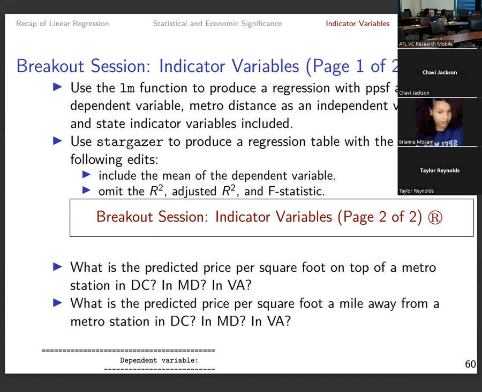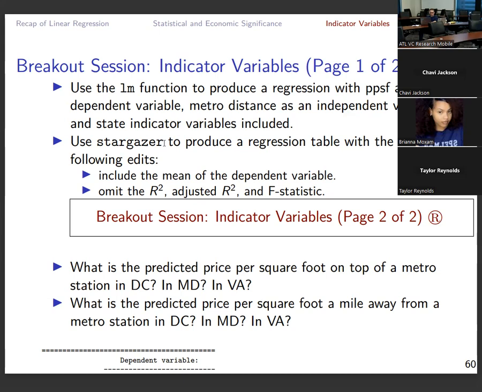What I haven't done here is produce the results into Stargazer. The reason why I haven't done that here is because I'm working within an R script and not within an R Markdown.